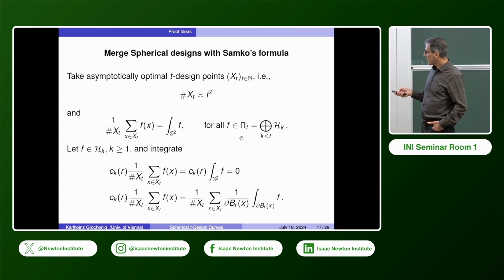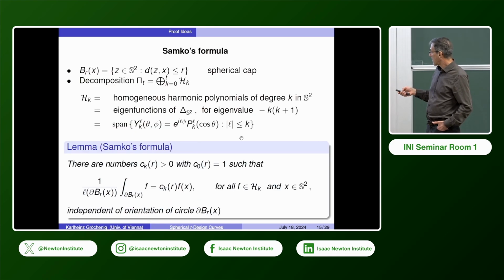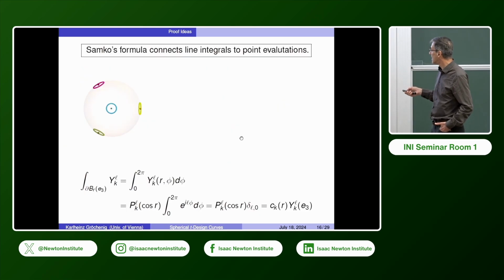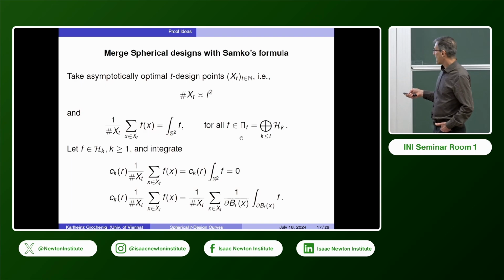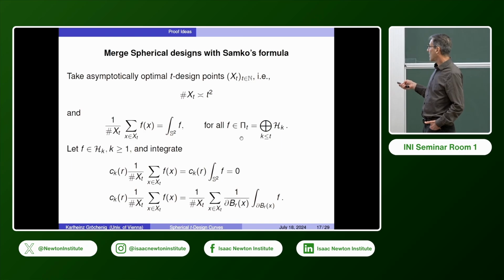And now you have this constant times function value, and you read Zamko's lemma this way. So constant times function value is a line integral along a circle. So you plug that in. So point evaluation times this constant is equal to the averaged line integral along the circle.